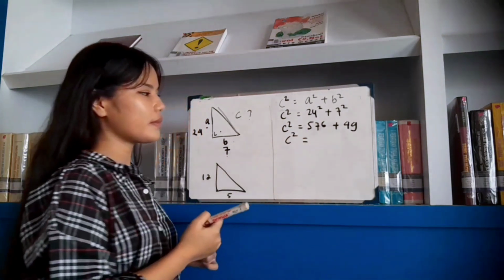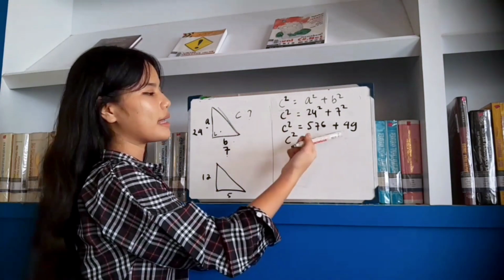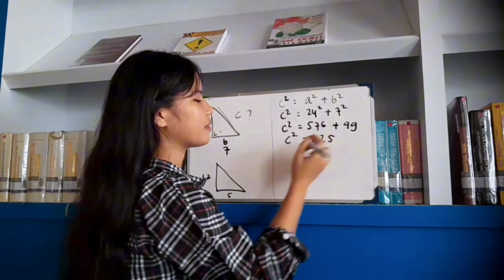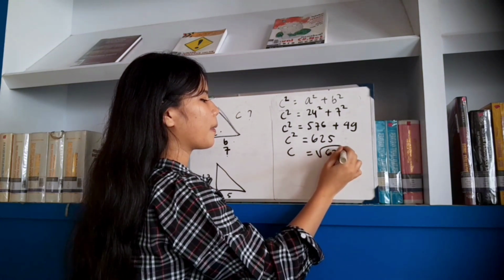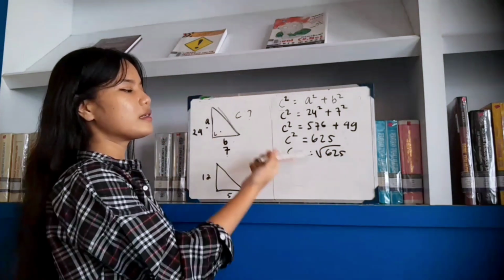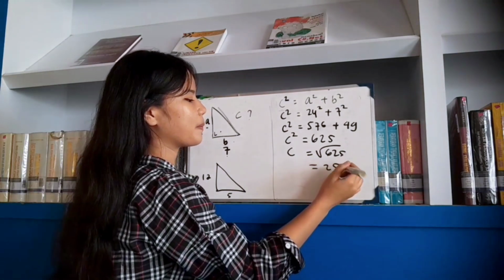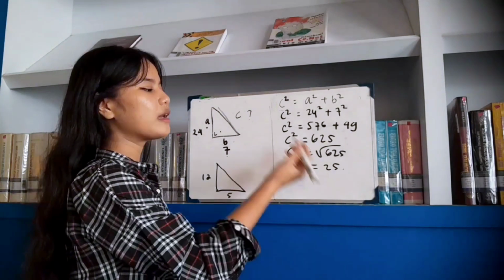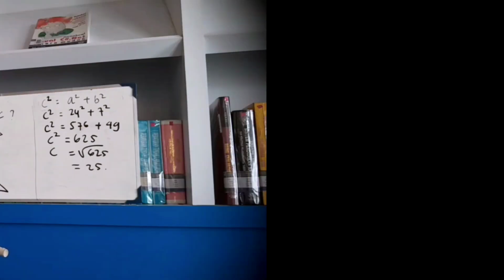So 576 plus 49 is equal to 625. And the root of 625 is 25. Why 25? Because 25 times 25 is 625.